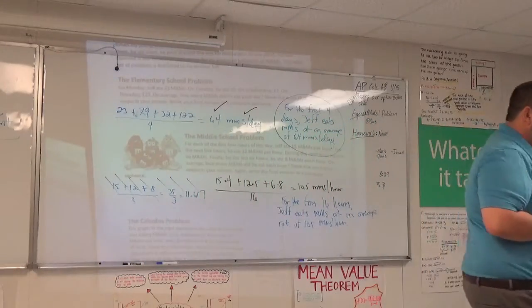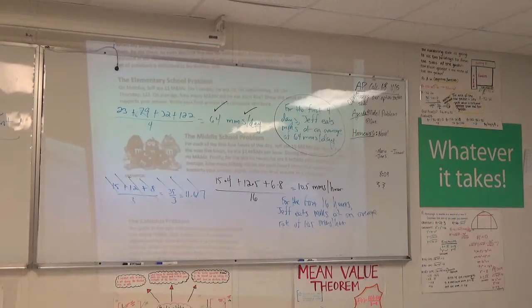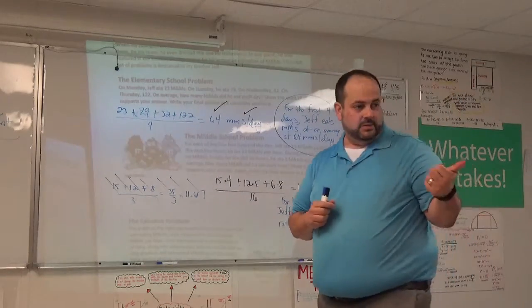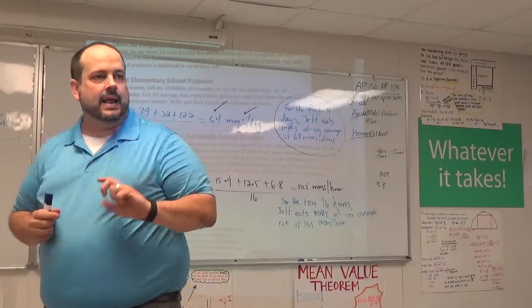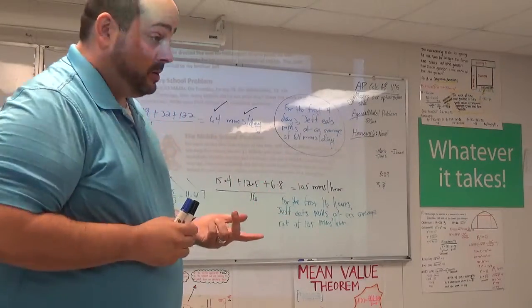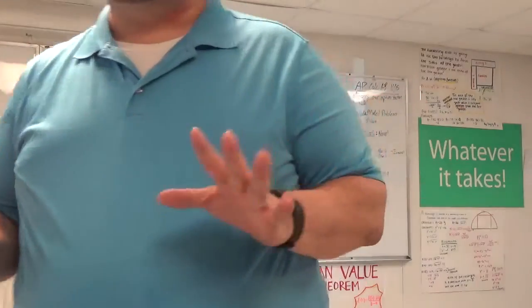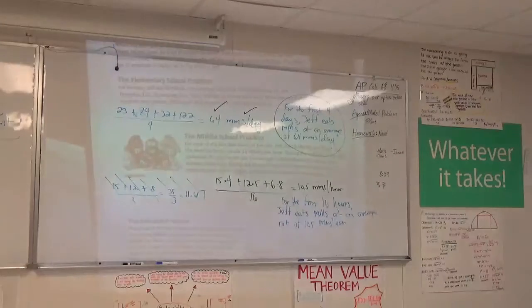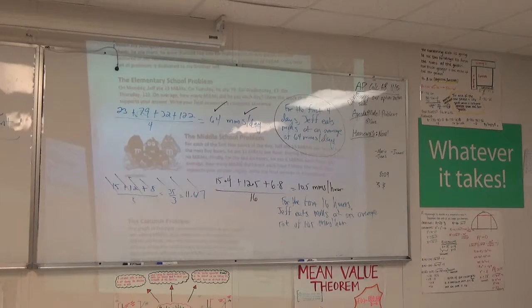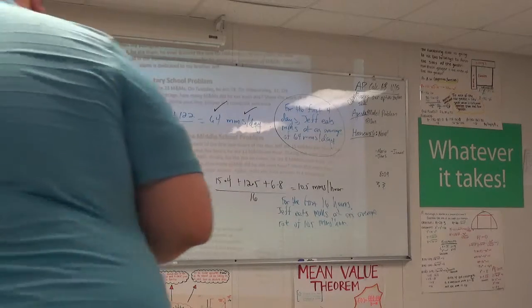Both in the elementary school problem and in the middle school problem, the way that you found the average, we had to look at the total number of M&Ms and then divide by the number of days or the number of hours. Same idea here. Take 1 more minute.